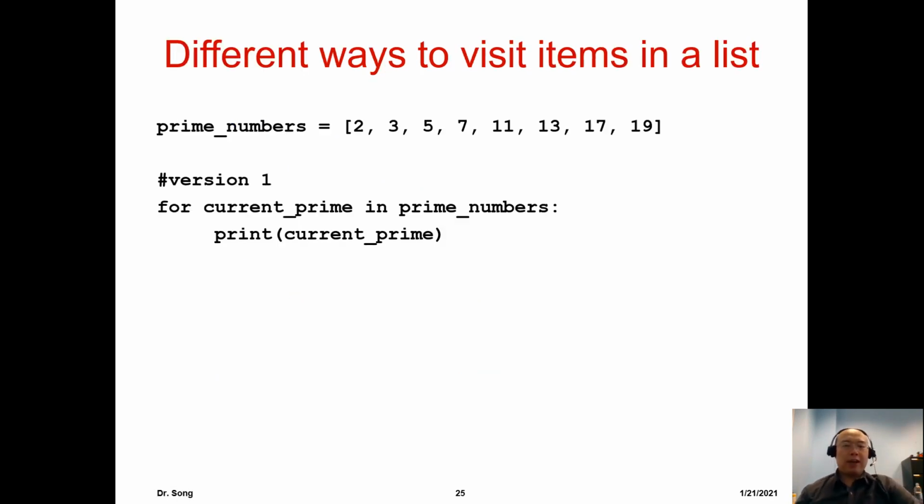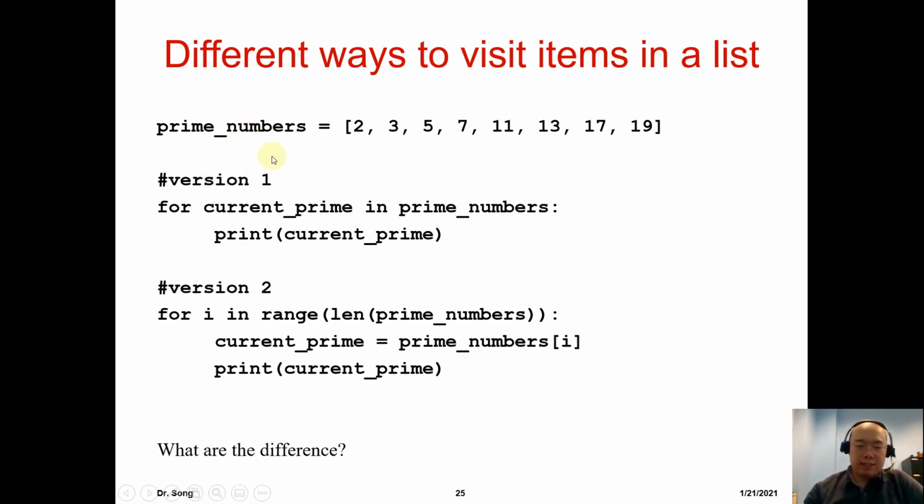Okay, and there are a couple of different ways to do the iteration and to visit all the members of a list. In variant 1, you can do for current prime in the prime numbers. We are using the current prime as a control variable to visit all the values in this list. Another way is, you can do for i in the range of the length of the prime numbers, and then you are using the i as a control variable.